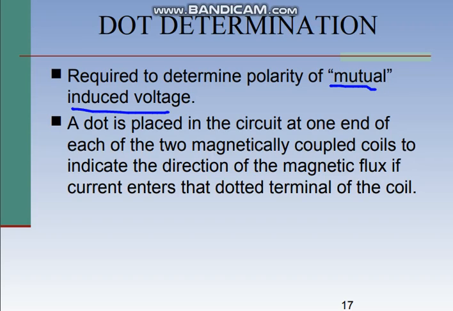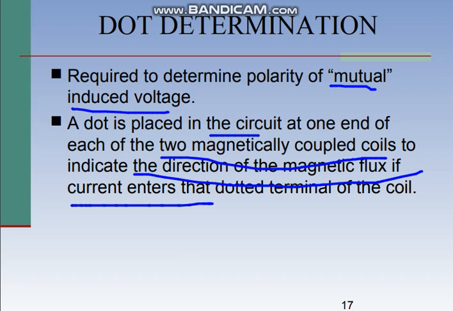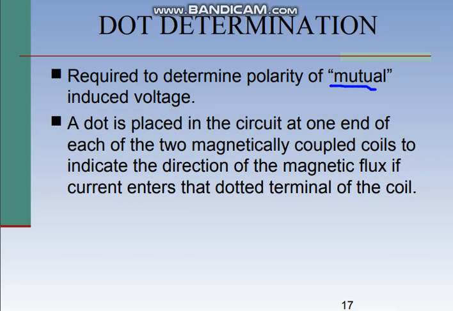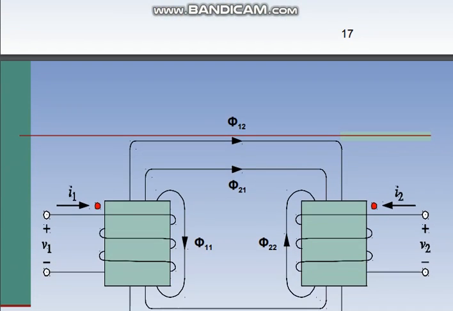So a dot is placed in the circuit at one end of each of the two magnetically coupled coils to indicate the direction of the magnetic flux if current enters that dotted terminal of the coil. That means to identify the polarity from the dot determination.